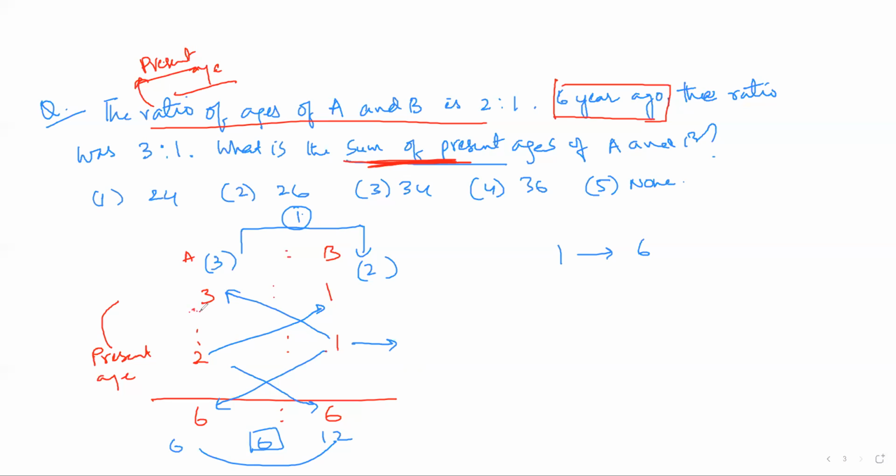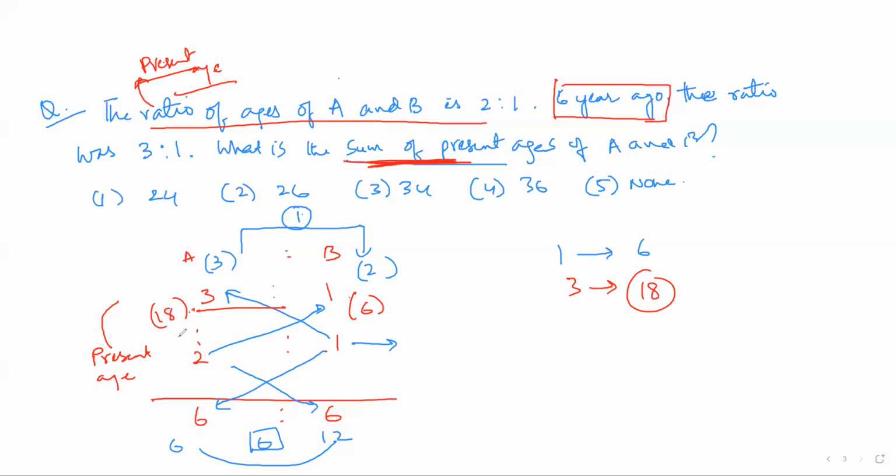First of all, 1 is 6. Then 3 will be 18. So this value is 18, right? See, 6 and 18.